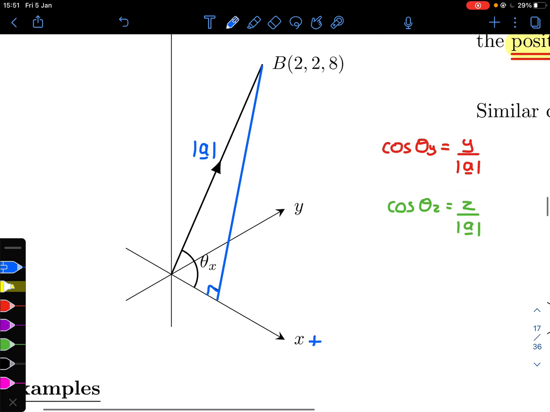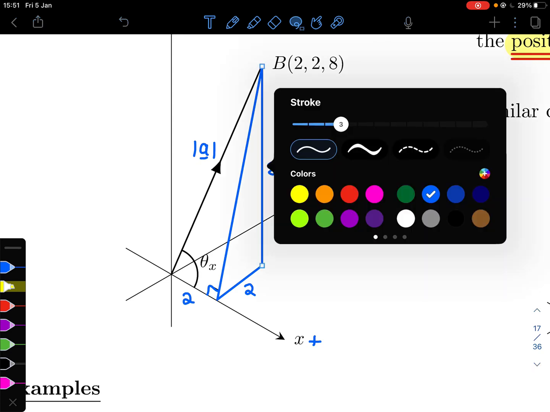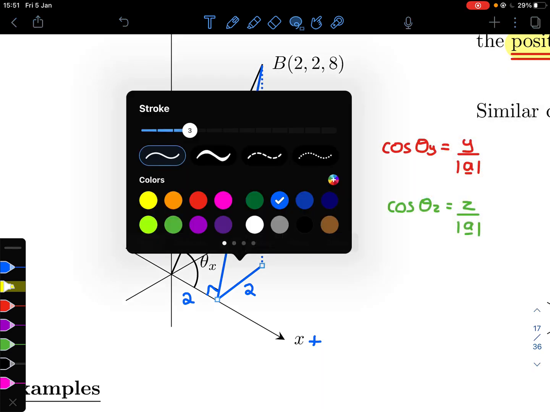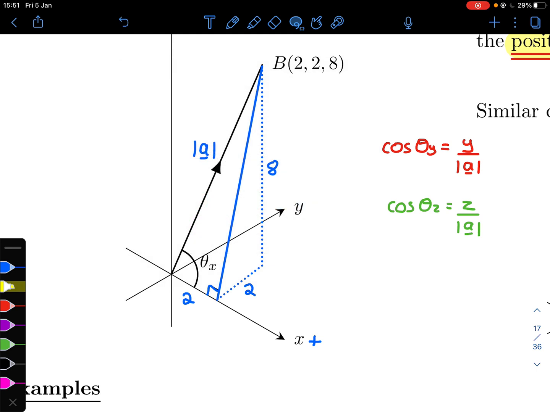Since that coordinate is 2, 2, 8, it is 2 along the x-axis, 2 in the direction of the y-axis, and 8 in the direction of the z-axis. Those two I'm going to make dotted because they're not needed. They are not part of the right angle triangle I created by dropping the line to the x-axis.